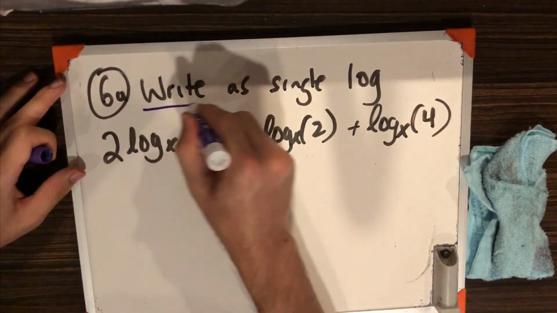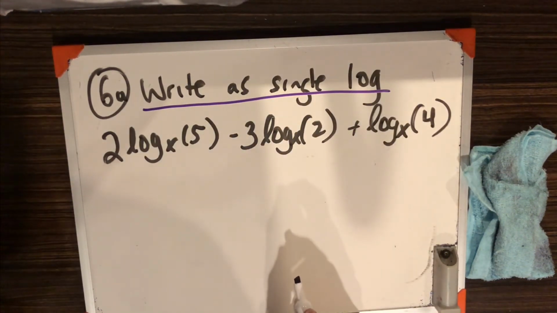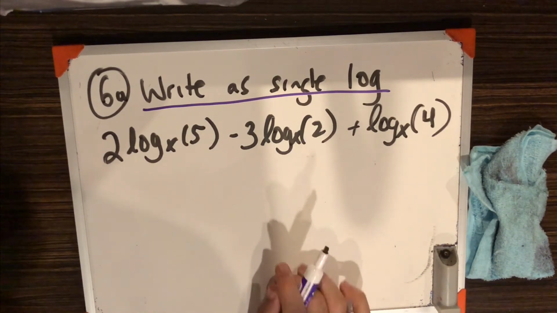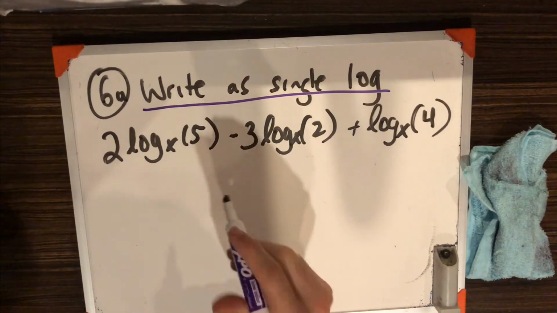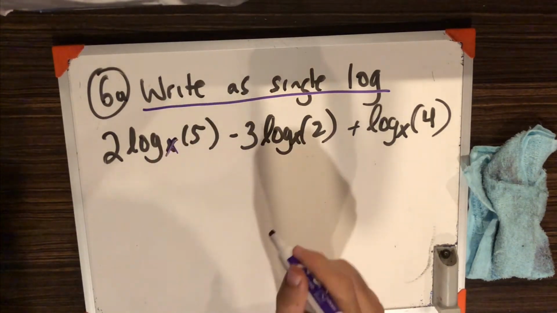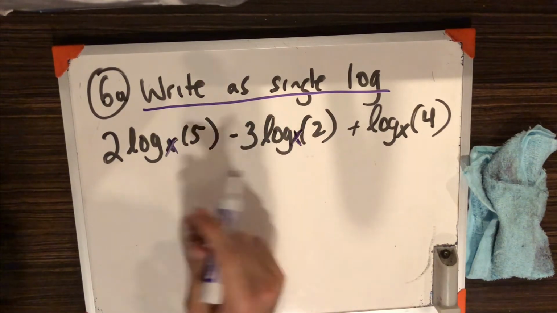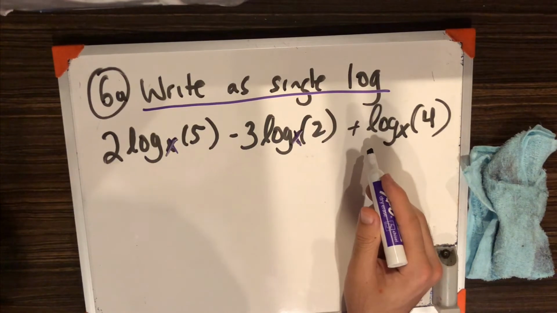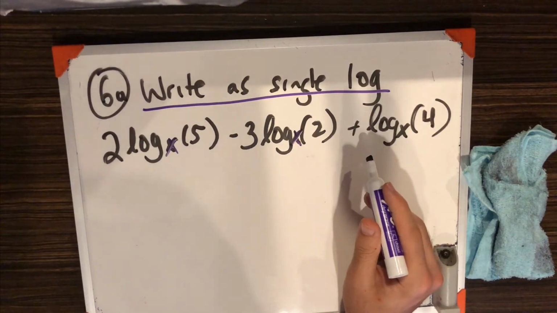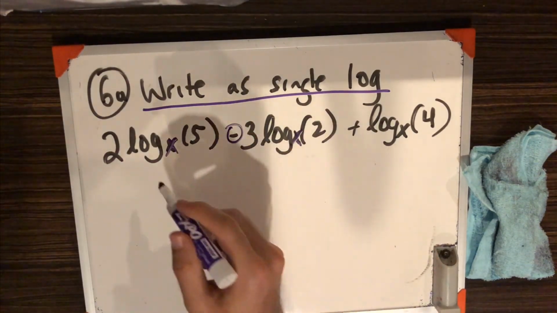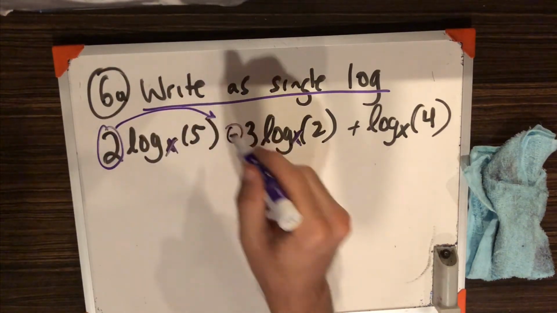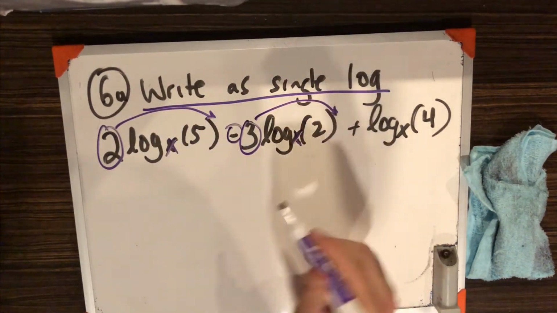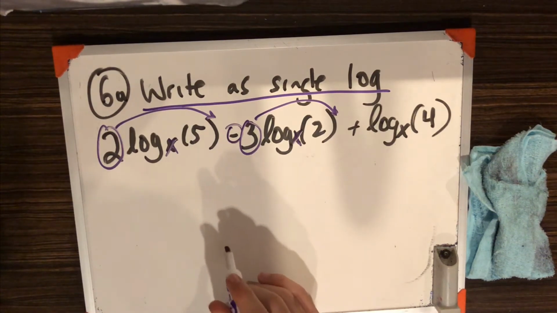6a, we're going to write this as a single log. So you're going to have to use your logarithm laws. The key thing is that if you have the same base, you can divide in this case, or add in this case. So let's go ahead and divide first, but before we divide, let's put these exponents up front so it's easier to simplify.